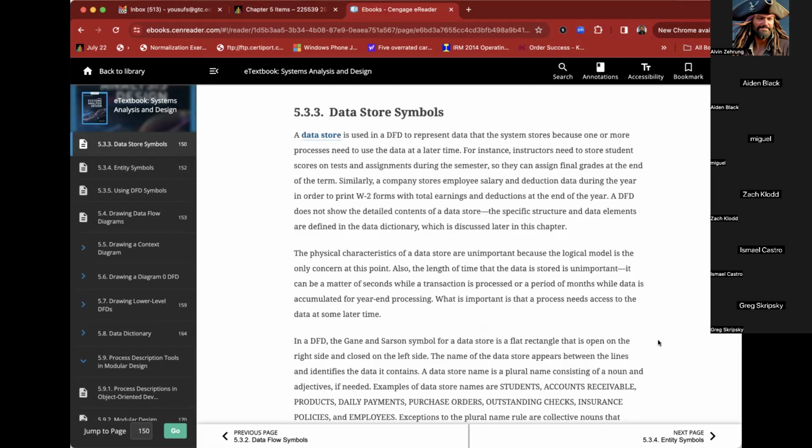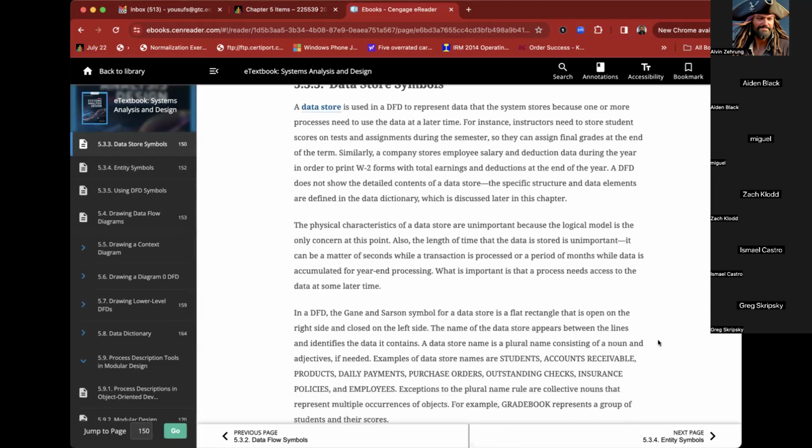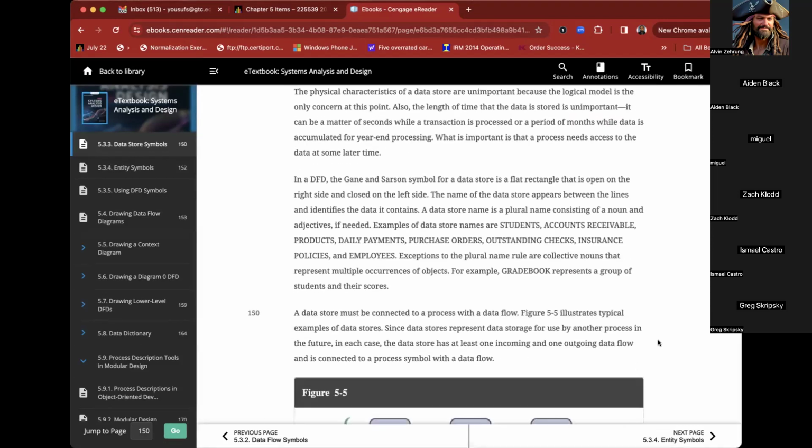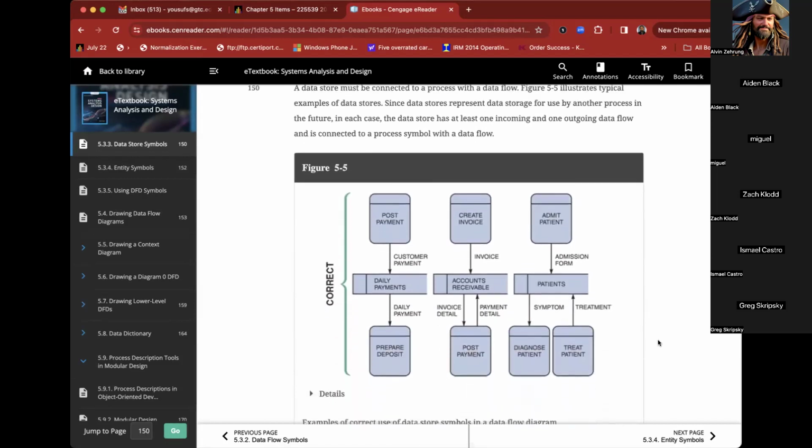Data stores is a place where the data needs to be stored to be retrieved at a later time. You can have one or more data stores, and a data store symbol looks like an open rectangle on one side. However, let's look at what is the correct usage of data store. One of the correct usages of data store is that one process feeds into the data store, another process takes data out of the data store.